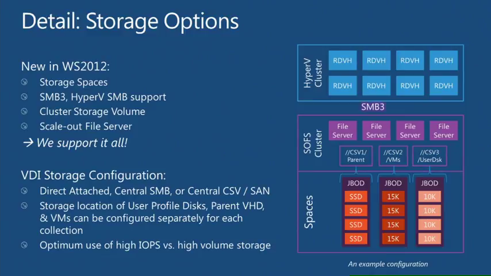So, for example, in this picture here, I have a very simplified diagram of a deployment where I have a Hyper-V cluster with 8 nodes, and my storage is coming from a scale-out file server cluster with 4 nodes. SMB3 is how my Hyper-V cluster is accessing the VMs that are hosted on this scale-out file server.